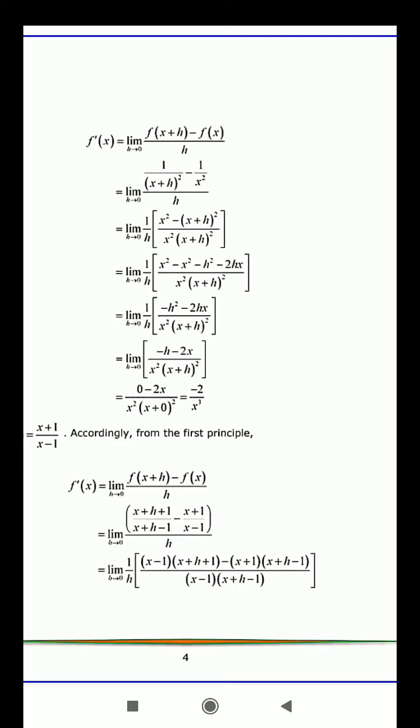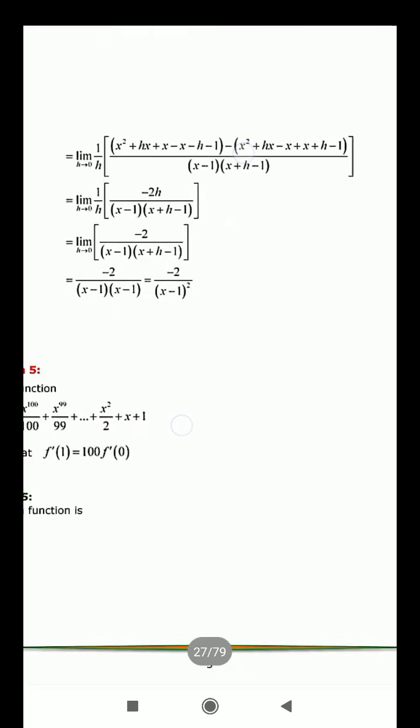This 1 upon h I have taken out, and over here I have taken (x plus h minus 1) into (x minus 1) as LCM. This x minus 1 will be multiplied with this, so you will get this term, and this is multiplied by this, so we'll get this term. Now in the numerator we'll open the brackets. On opening the brackets, everything is cancelled out.